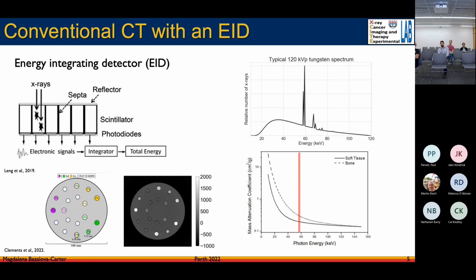And you see on this regular energy integrating CT image, it's difficult to distinguish the different concentrations. This is a combination of all three contrast agents. So it's difficult to tell what is what material, because they just happen to have the same difference in linear attenuation coefficient, and we just cannot distinguish these materials because they end up having the same CT number in the image.